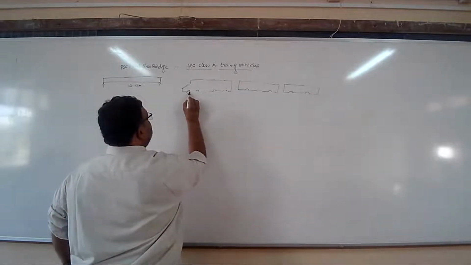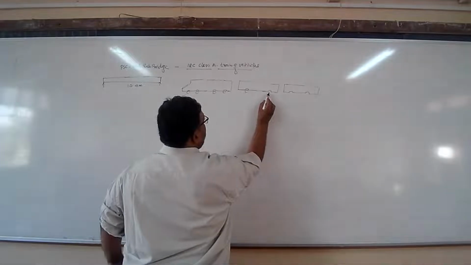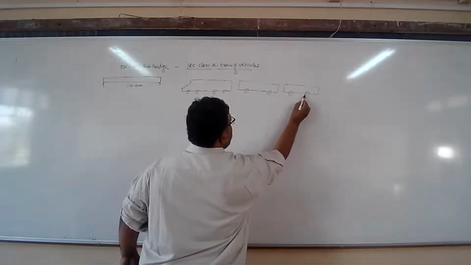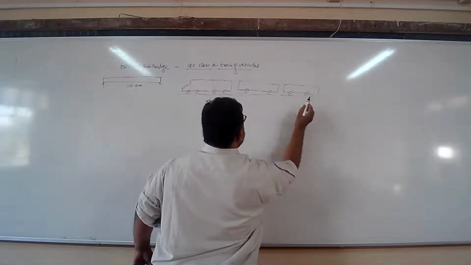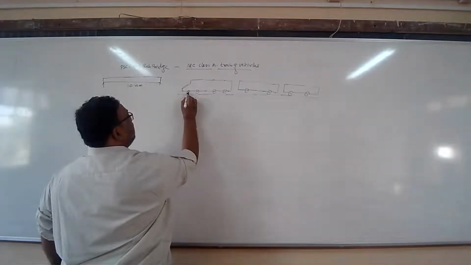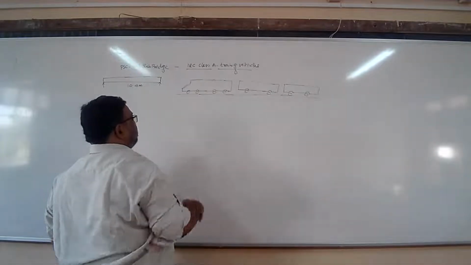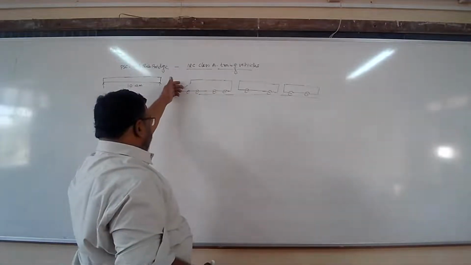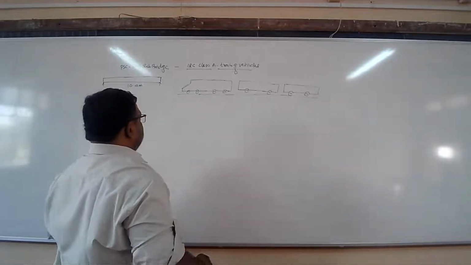Correct? This is the IRC Class A train of vehicle. These are the wheels. One more wheel is there on the other side of this, exactly behind it. In between, the two wheels are connected by the axle.